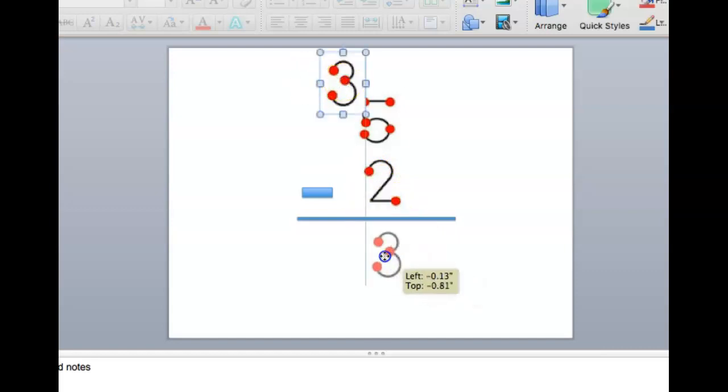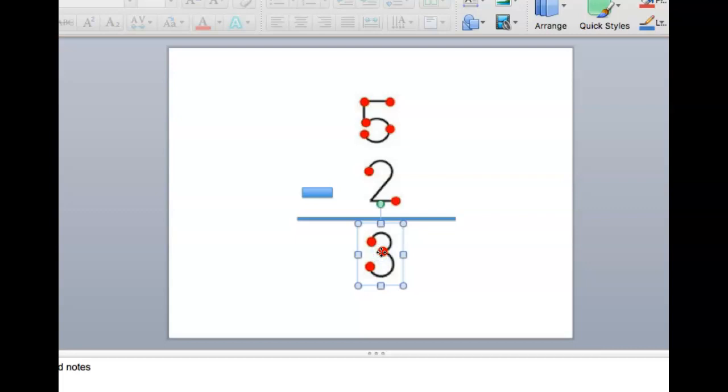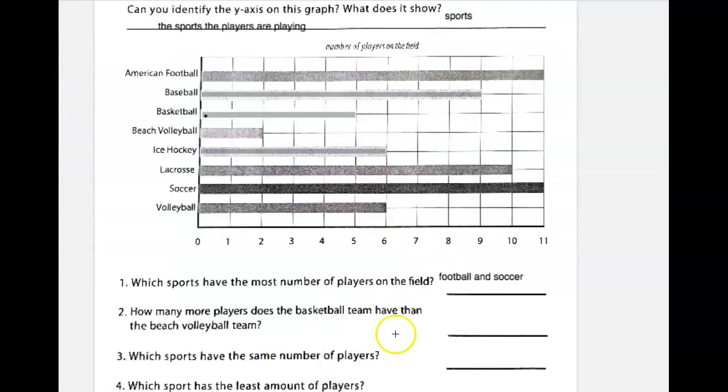So our answer is 3. Then we're going to go to our worksheet, and you're going to write in 3. So the beach volleyball team has 3 fewer players than basketball, or the basketball team has 3 more players than the volleyball team.